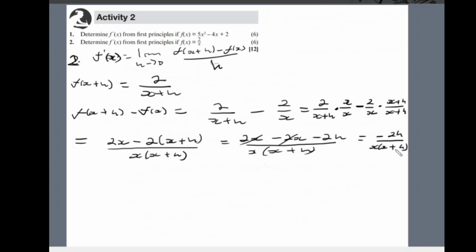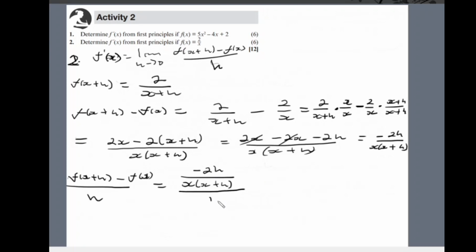Okay, and then now we can divide this by h. We have f of (x plus h) minus f of x, divided by h, right? So we'll have our numerator divided by h, so we'll have minus 2h over x times (x plus h), all divided by h.